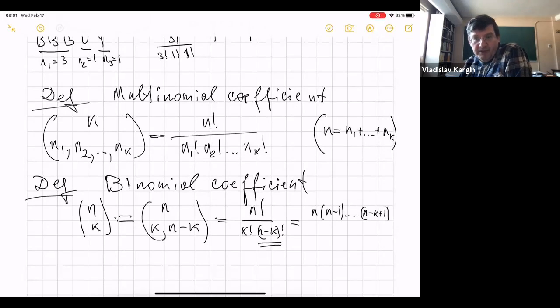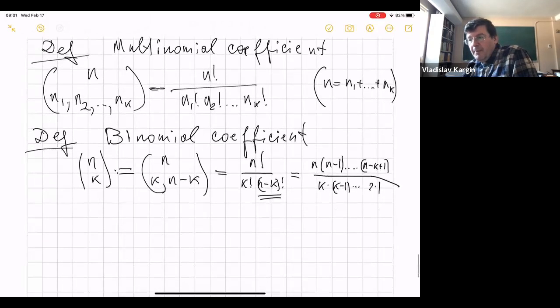You just don't need to do that product. And then divide by k factorial, which is k times k minus 1 times so on times 2 times 1. So n minus k factorial cancels out in the numerator and the denominator.